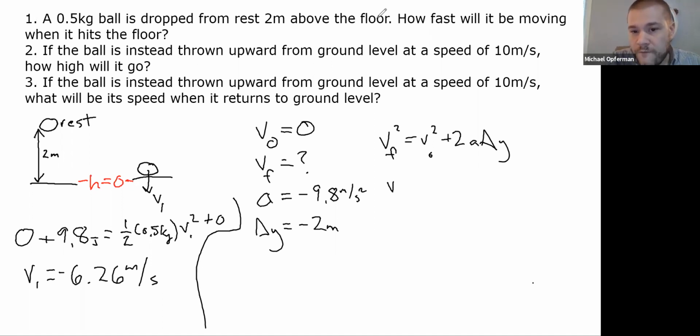So then I'd have VF squared equals 0 plus 2 times 9.8 times 2. The negative signs cancel out. So I do 9.8 times 2 times 2, square root. And lo and behold, I get exactly the same answer.